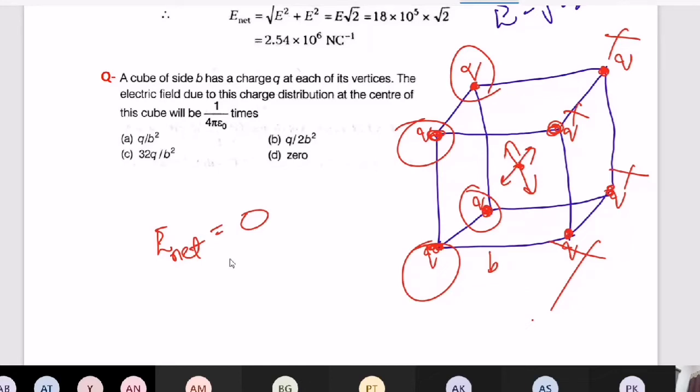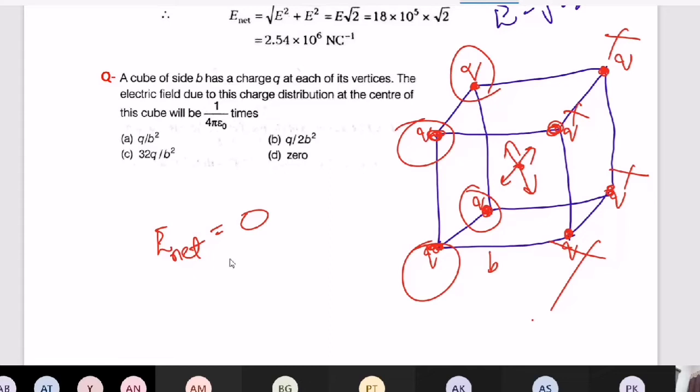Because it's a 3-dimensional diagram, you must use your own imagination. Then only can you understand the question and imagine what directions will be there, because you cannot draw all the directions on paper. That's why the greatest scientist, Einstein, said imagination is more important than knowledge in physics.